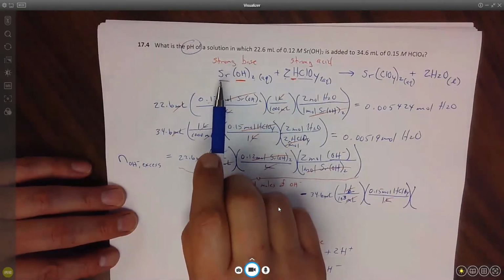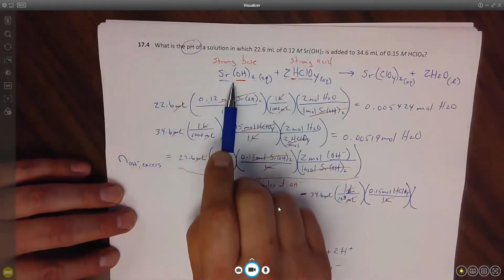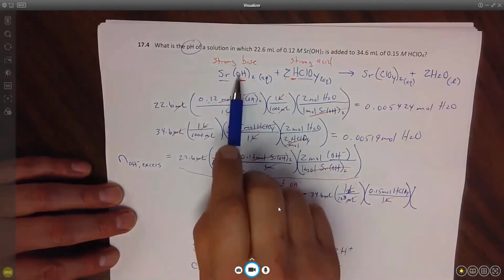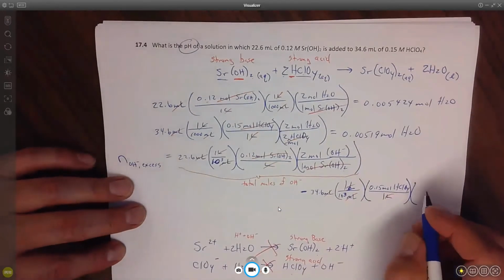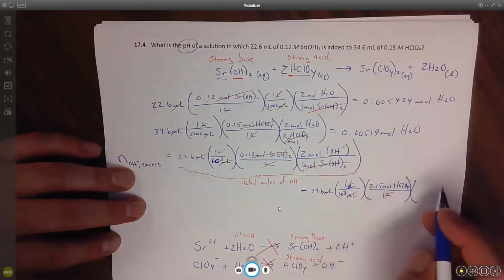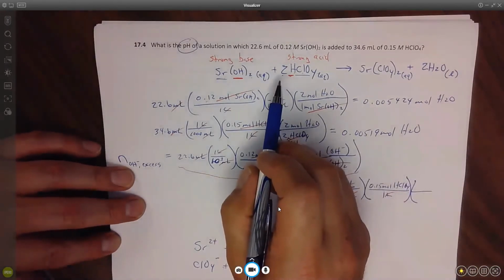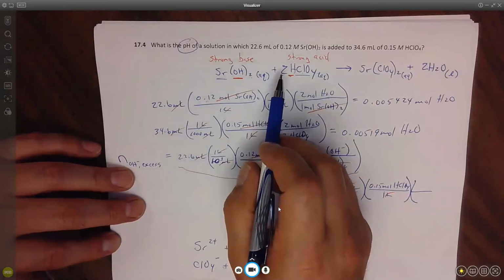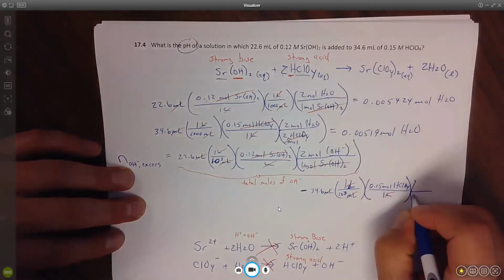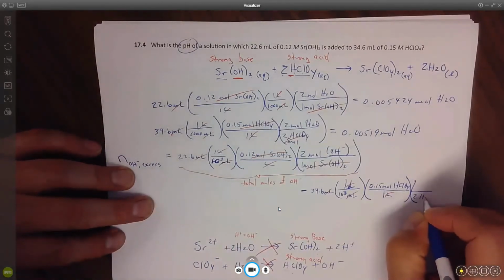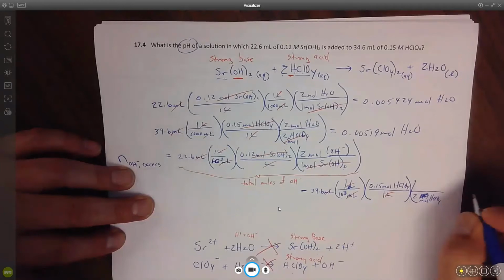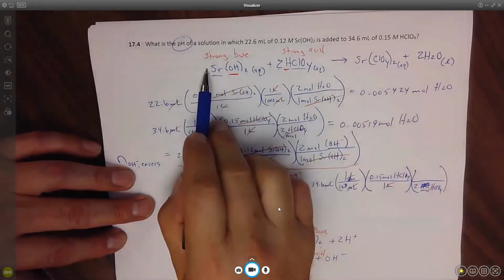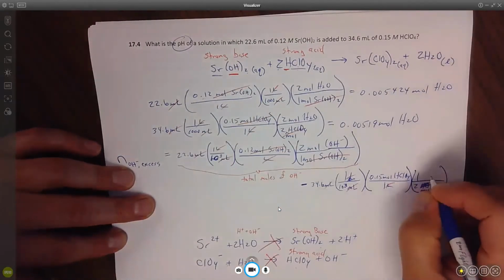Then I related the strontium hydroxide to the moles of hydroxide in strontium hydroxide. I'll just do it that way. So we'll just use the balanced chemical equation. I can see for every 2 moles of perchloric acid, it's reacting with 1 mole of strontium hydroxide.